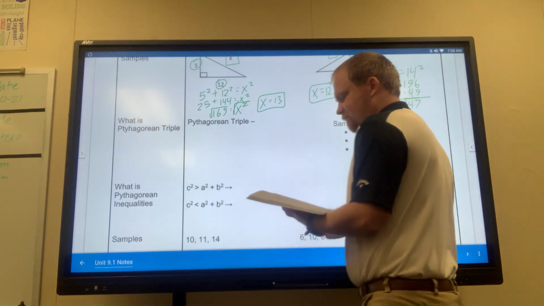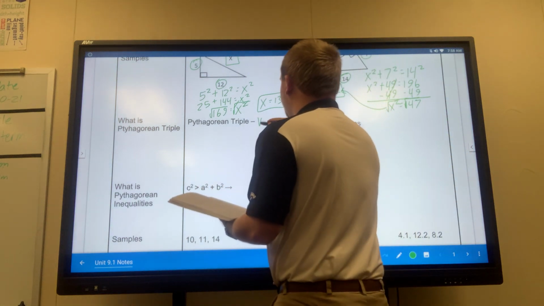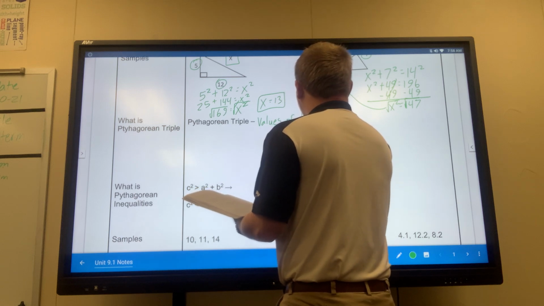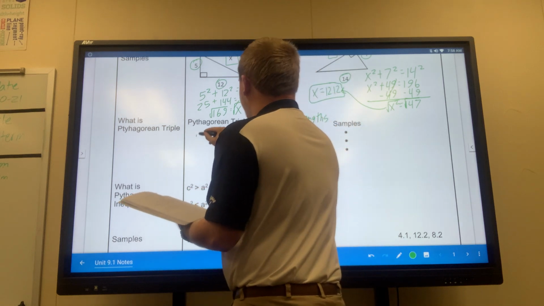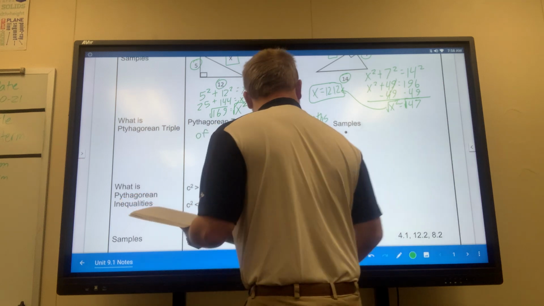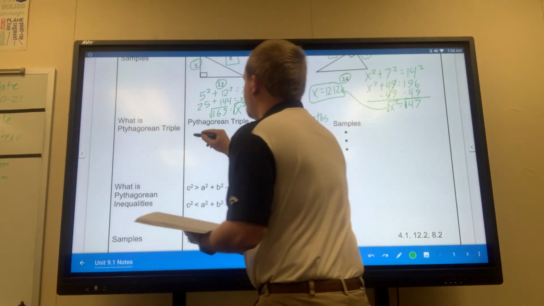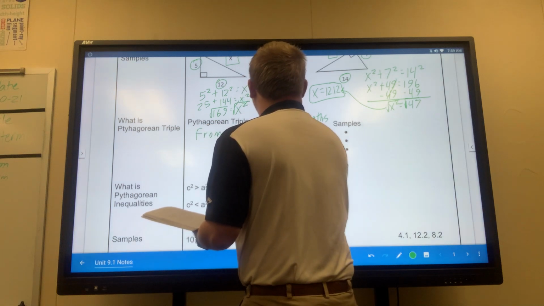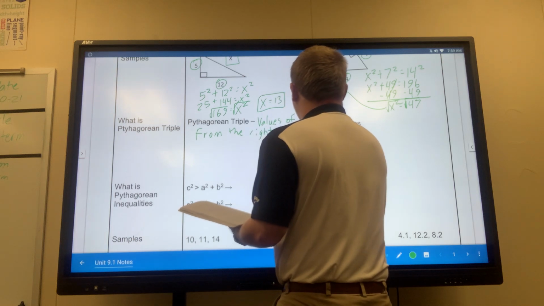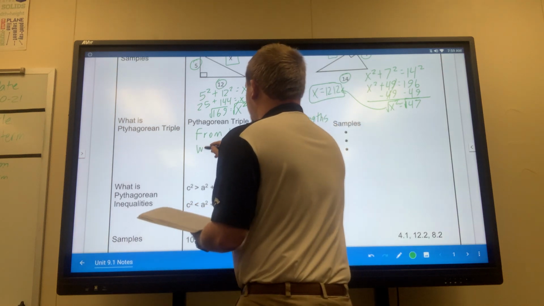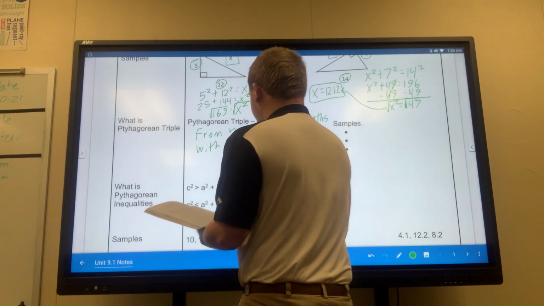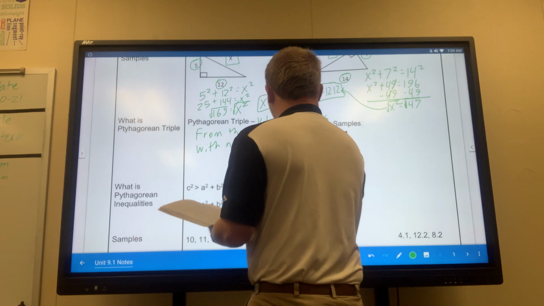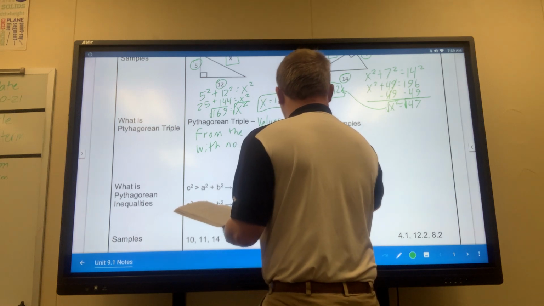These are basically values of lengths from the right triangle with no decimals nor fractions.